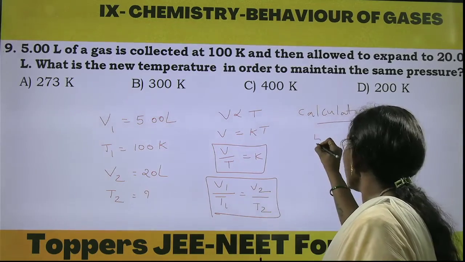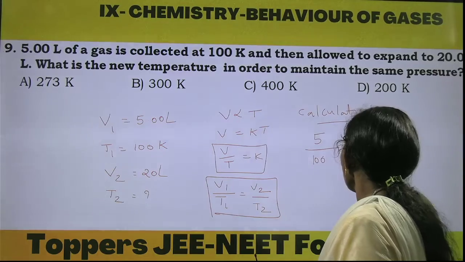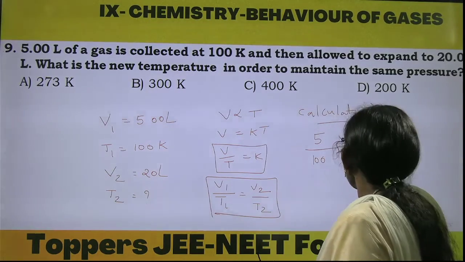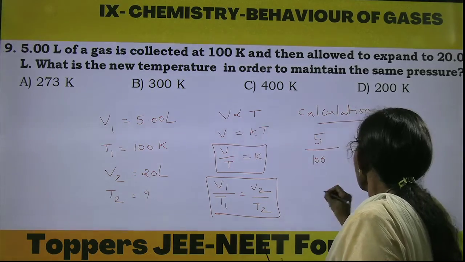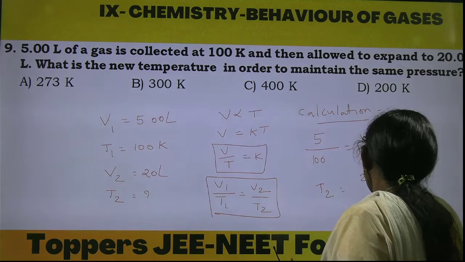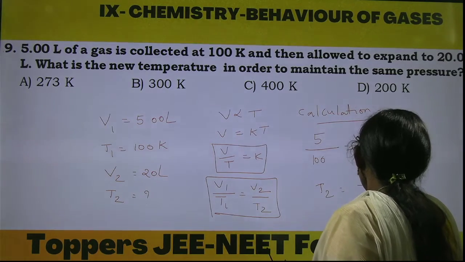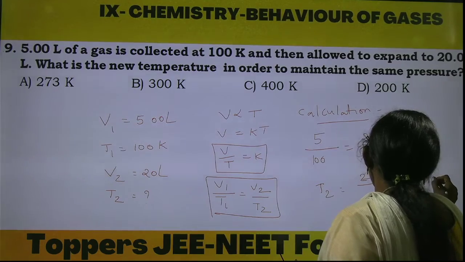V1 means 5 liters by T1 is 100 Kelvin, equal to V2, 20 liters, by T2 which we have to calculate. So T2 equal to 20 into 100 divided by 5. So 5 4s are 20, so the answer is 400 Kelvin.